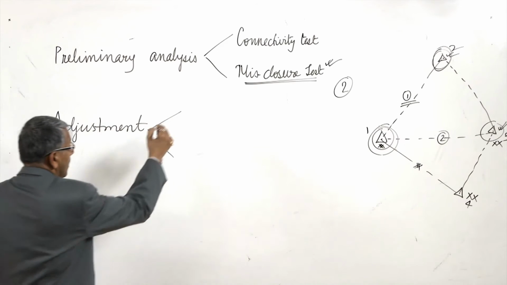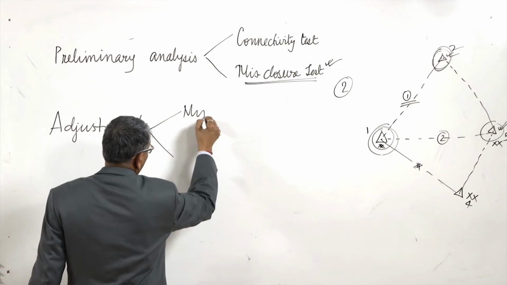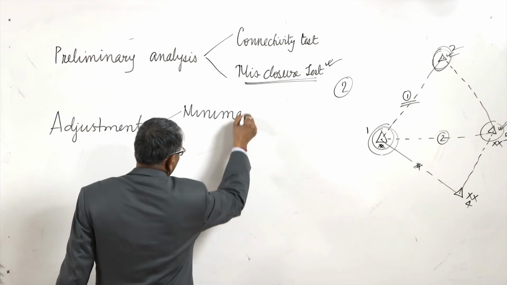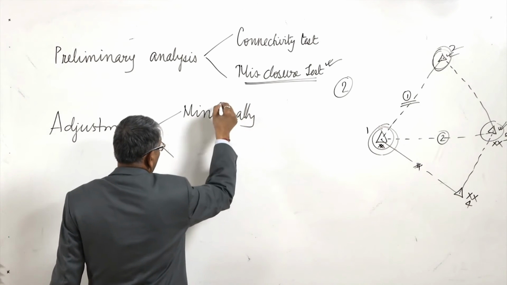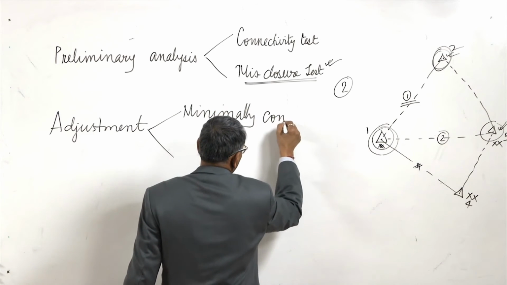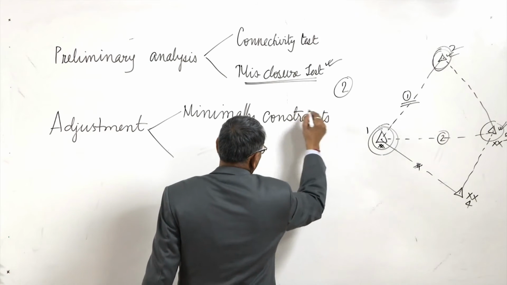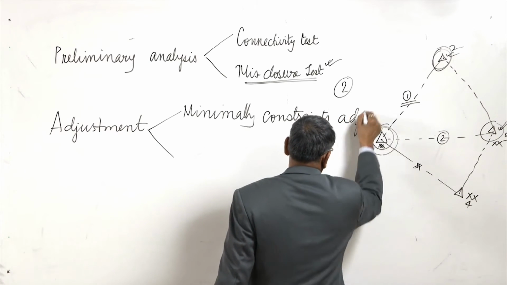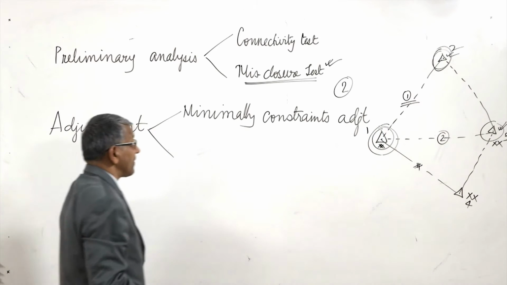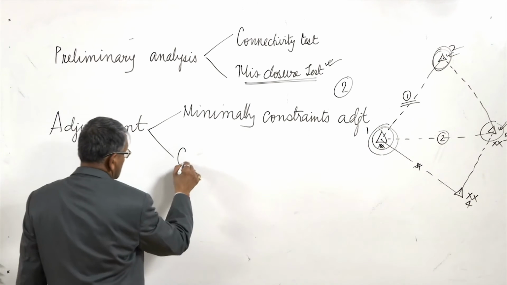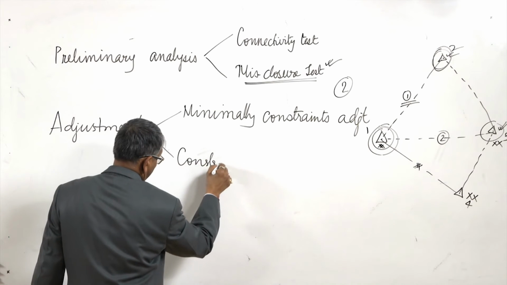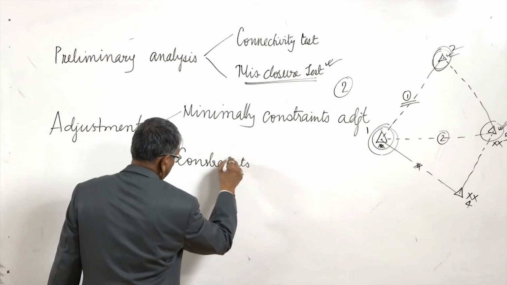One is called minimally constrained adjustment and the other is called constrained adjustment.